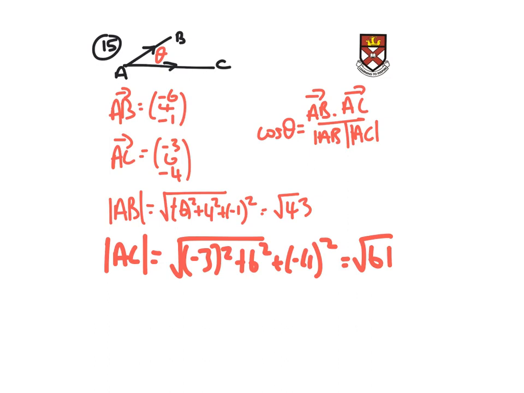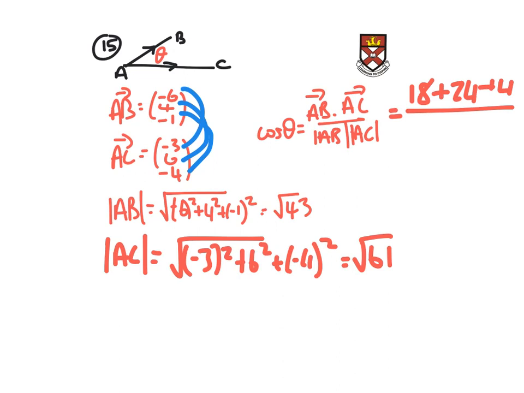So cos theta, to go back up here, the dot product means you do that times that, that times that, that times that, and then add them up. So -6 times -3 is 18, 4 times 6 is 24, and -1 times -4 is 4, and we're dividing all of that by root 43, root 61.